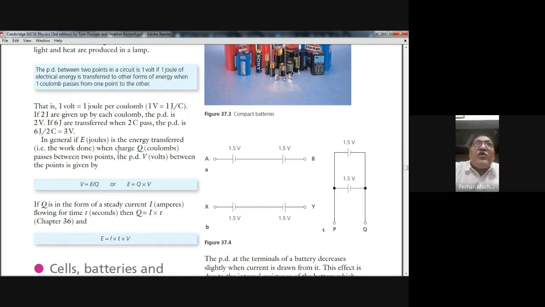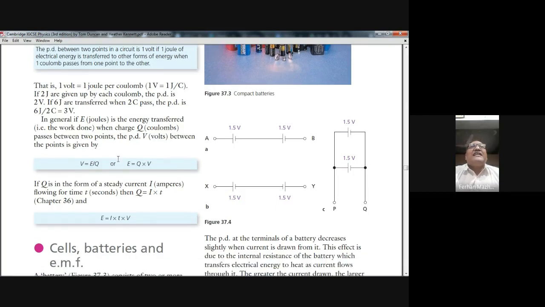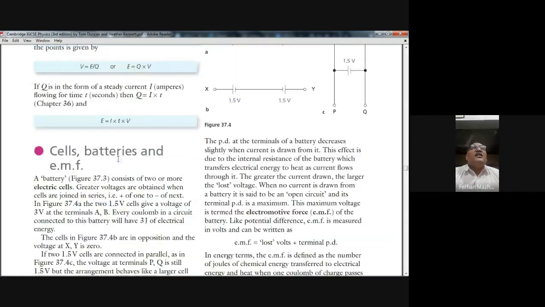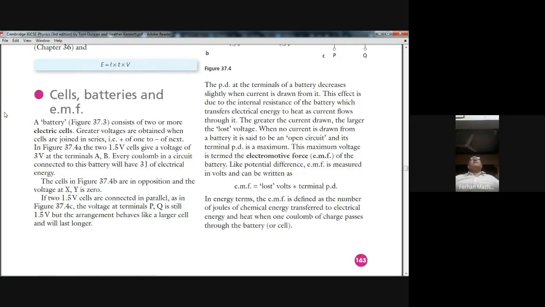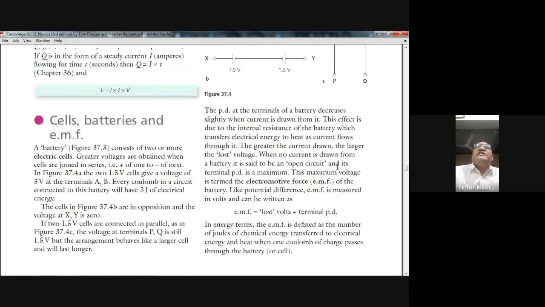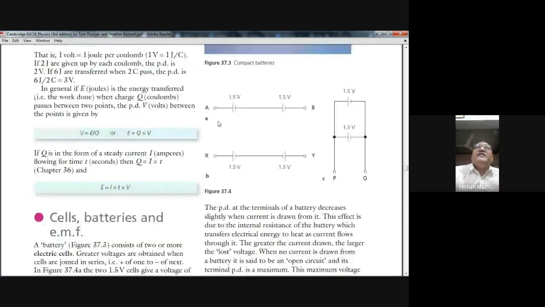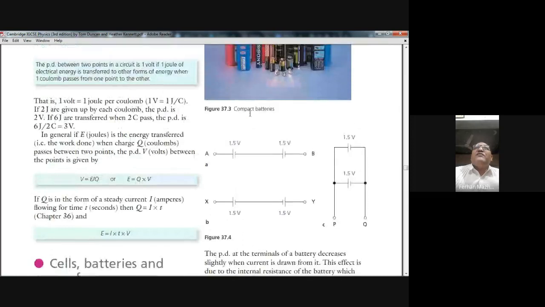Okay, so if you have electric cells, you can connect them. For example, here I will show you this diagram. Here you can see I have a 1.5 volt cell and another 1.5 volt cell.